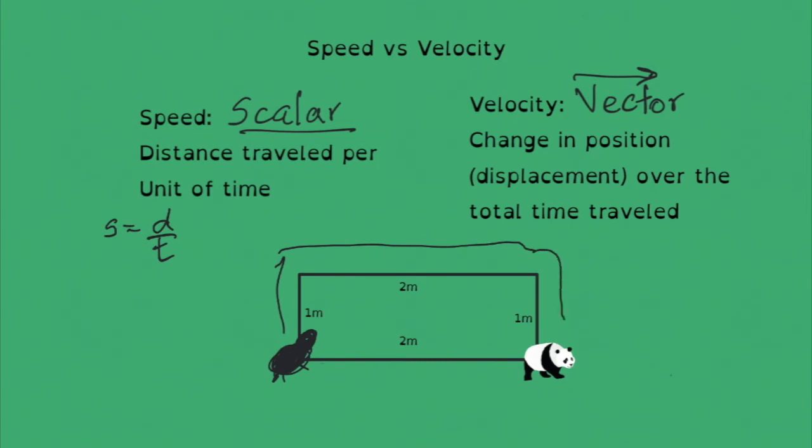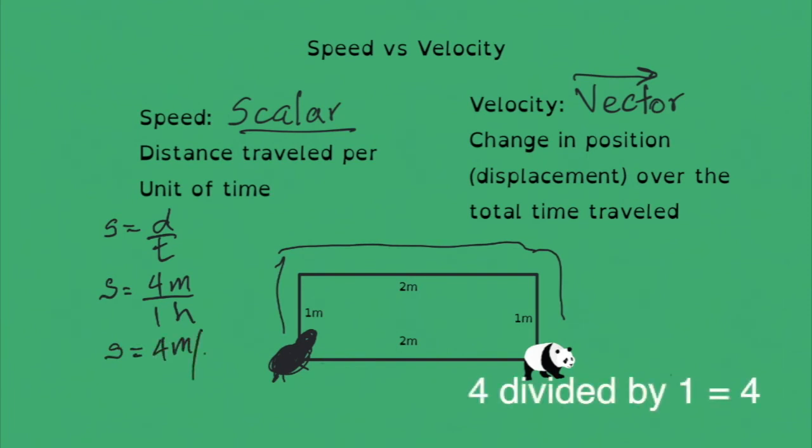So that's a total of 4 meters. 1 plus 2 plus 1. So let's substitute terms. It's going to be 4 meters, and let's say it also traveled in 1 hour. So our speed is going to be 4 meters in 1 hour. So our speed is 4 meters per hour.